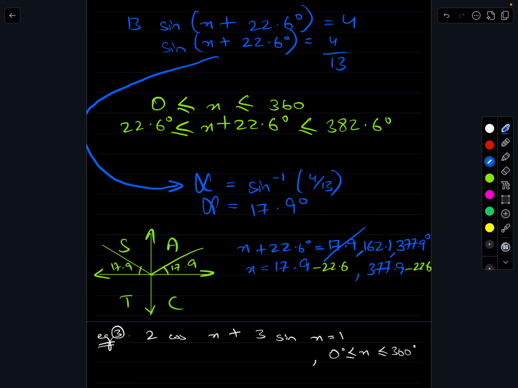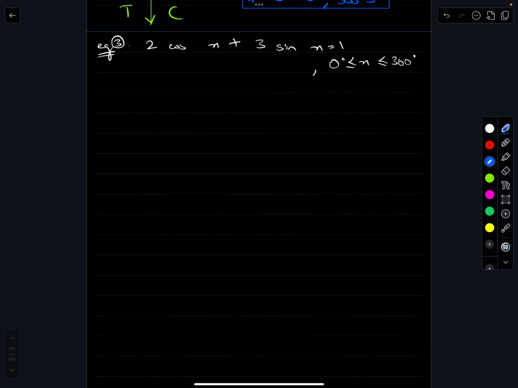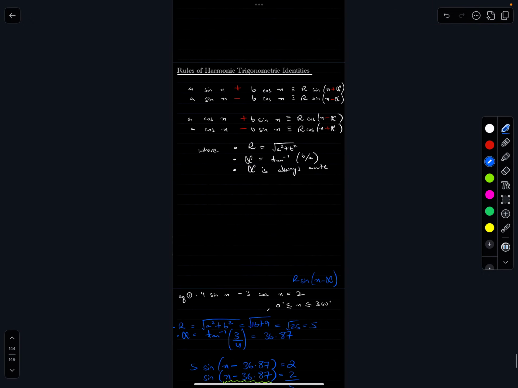This would give me x is equal to 139.5 degrees, 355.3 degrees. This is my third example. I'm considering all the possibilities, following the rules of harmonic trigonometric identities which we learned here. We're done with these. We need to cover these.